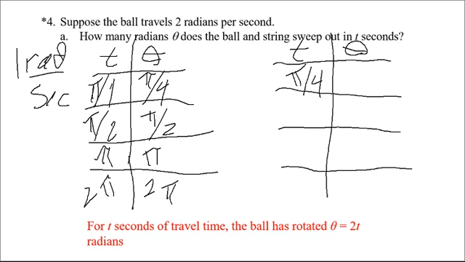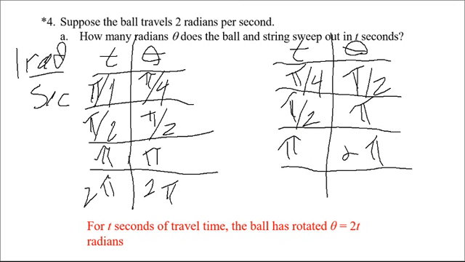So 2 times pi over 4 would be pi over 2. And for pi over 2 seconds, we would have traveled twice what we traveled here. That would be not pi over 2, but a whole pi, and so forth. For pi, we'd have 2 pi.